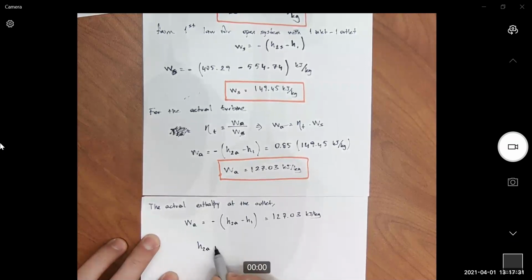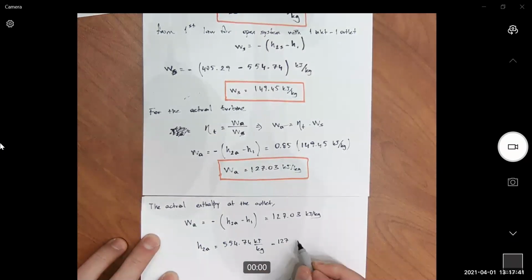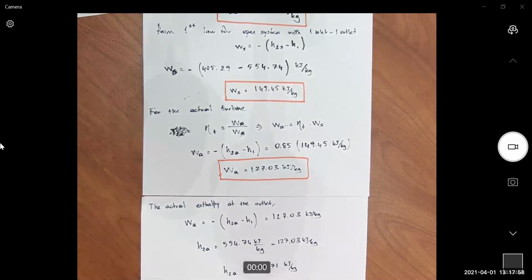H2A from here: H1 is 554.74 kilojoules per kilogram minus 127.43 kilojoules per kilogram. The enthalpy at the outlet in the actual case will be 427.71 kilojoules per kilogram.